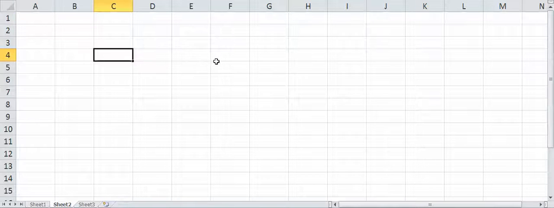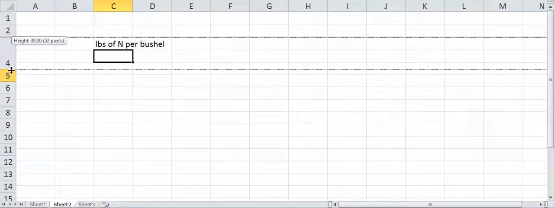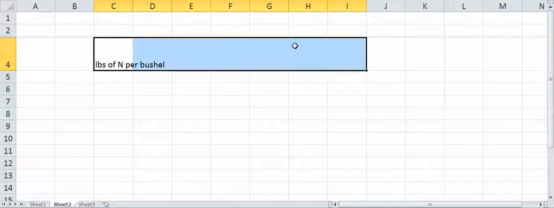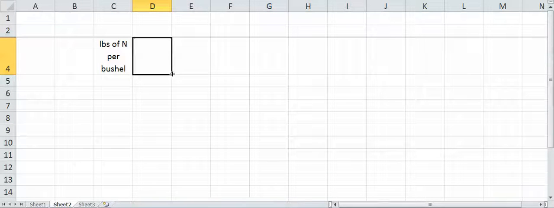Remember, we establish the spreadsheet by telling what do we know. What we know is pounds of N per bushel produced. I wrapped text there and then I centered it.